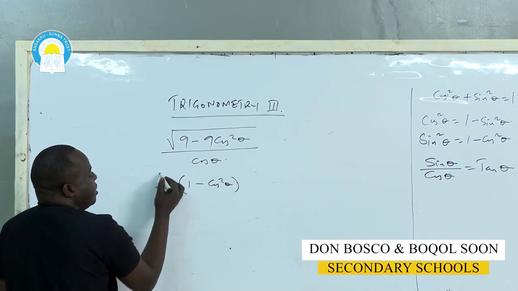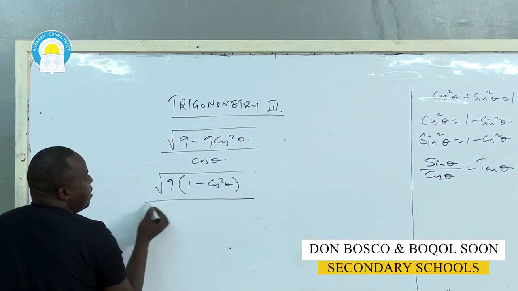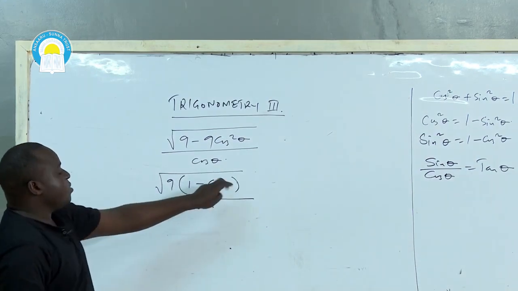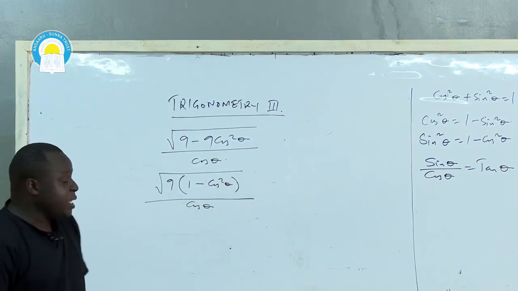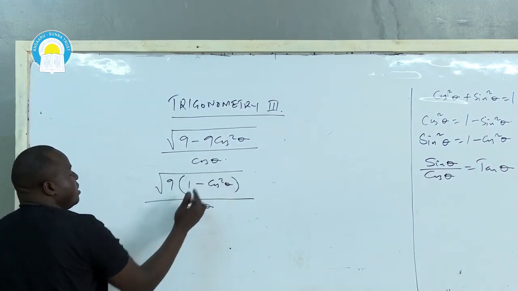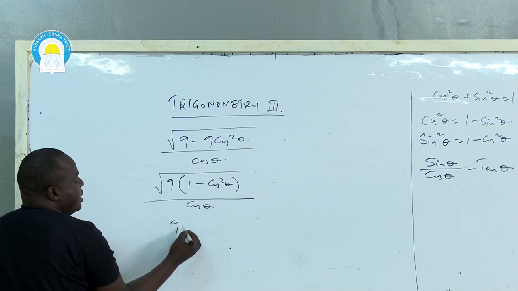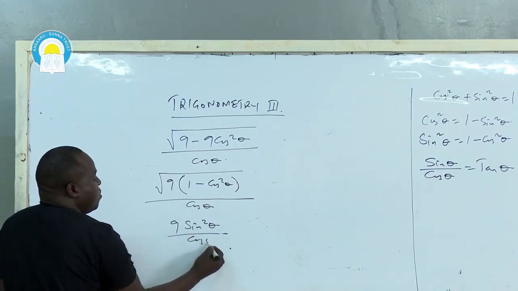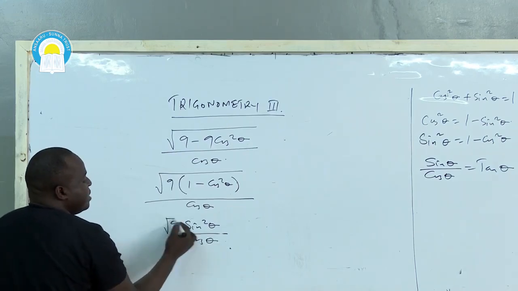We know that. Then over cos theta. Then 1 minus cos squared theta, from what I've already explained, should be the same as sine squared theta. So this statement will read 9 sine squared theta over cos theta. But there is a square root.